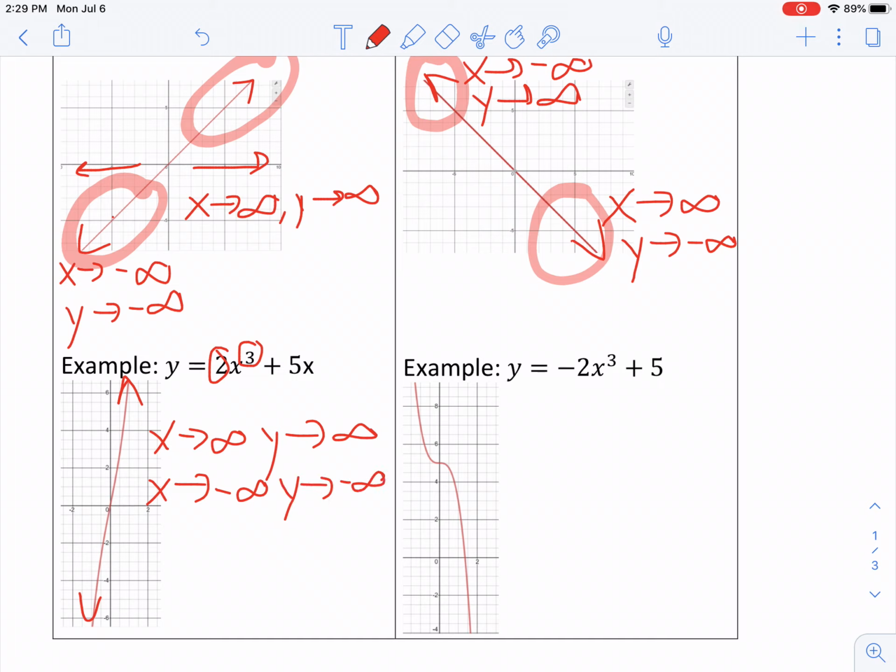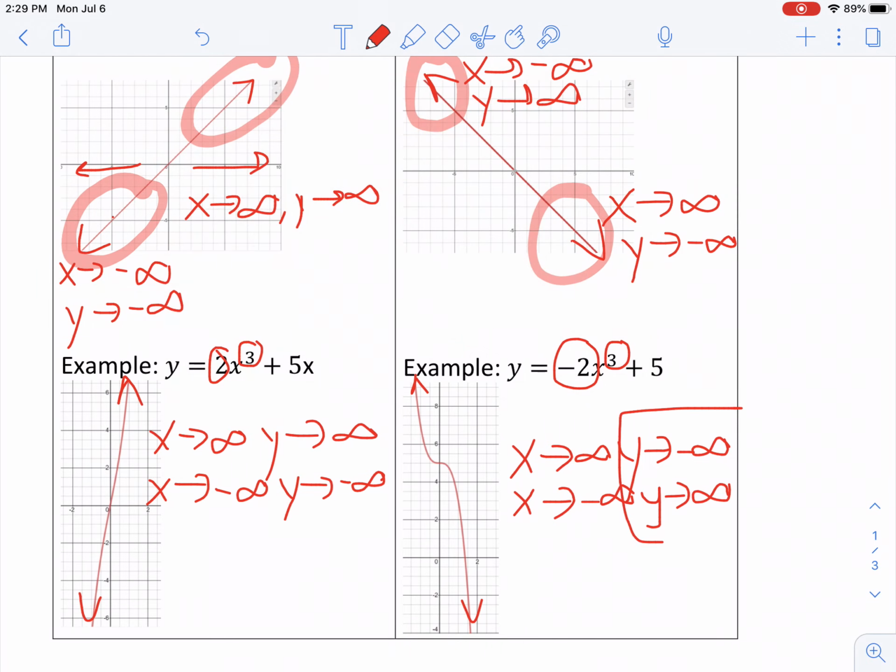And the case with an odd degree and a negative leading coefficient, it's just flipped. It's the same as the case of the line with the negative slope. So as x goes to infinity, y goes to negative infinity, and as x goes to negative infinity, y goes to positive infinity.